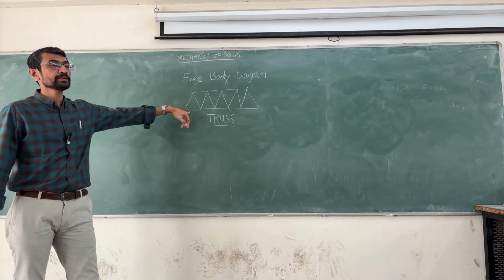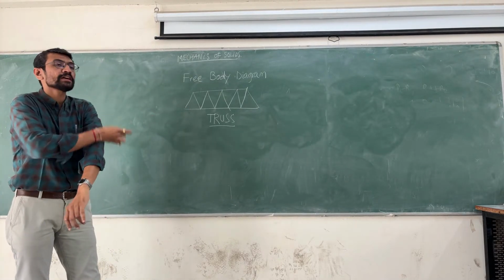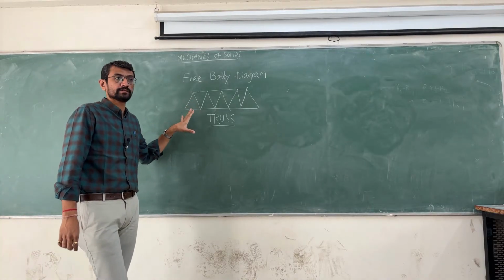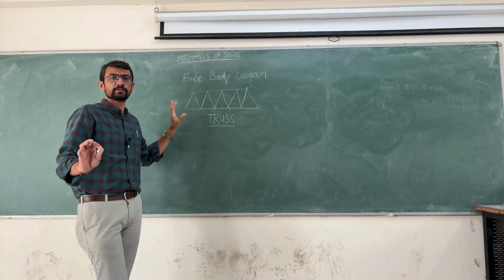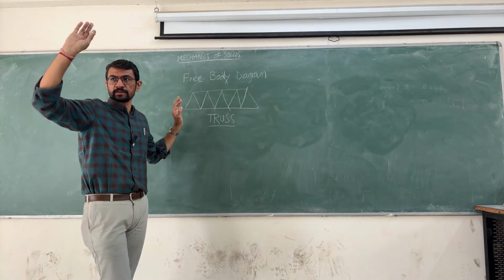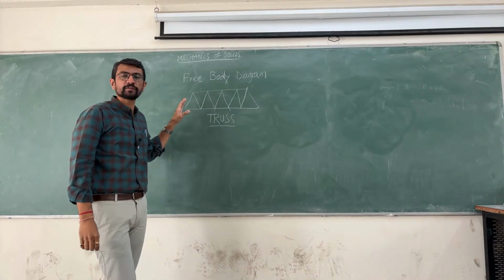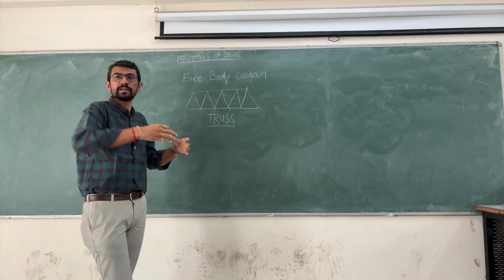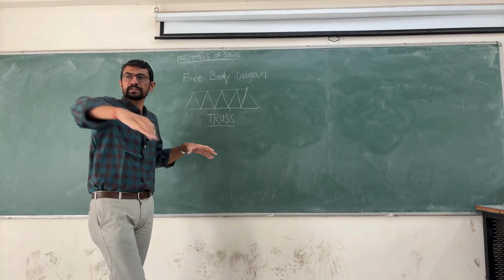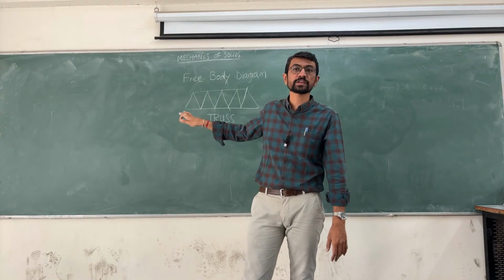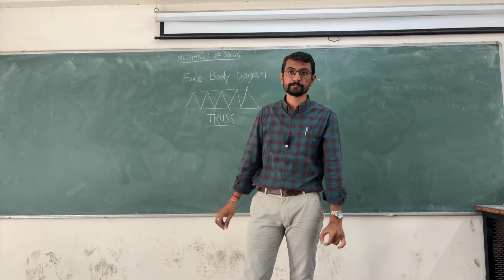This type of structure all of us have seen. This is mostly made up of steel or somewhere wooden. If you go to Himachal and all those northeastern states of India, you might see wooden also, but it will be small. But the large ones upon which the traffic is passing, you will see this type of structure, which is a truss.